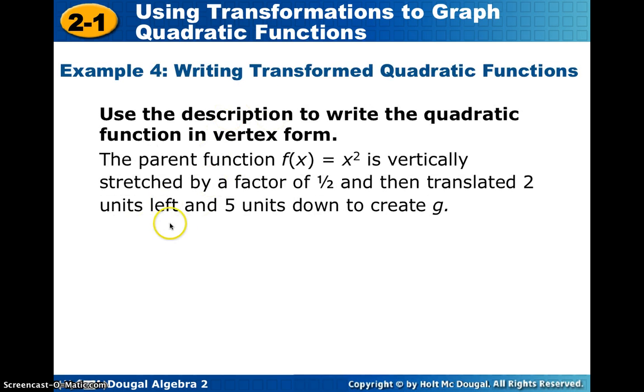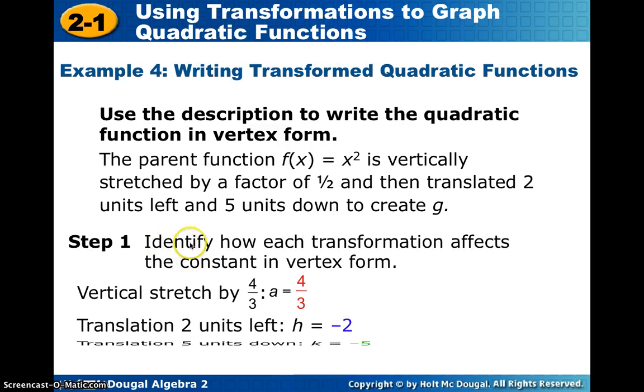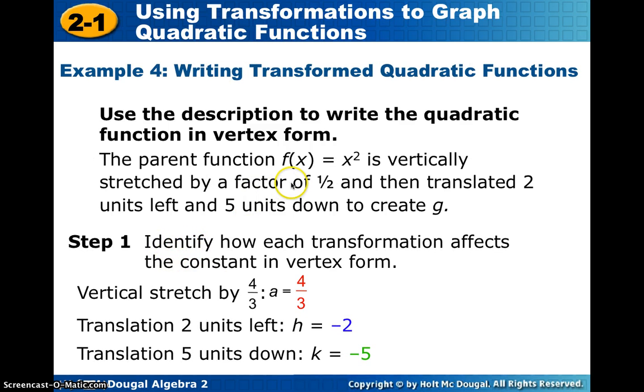Alright, so now let's see if we can use our parent function and write the equation for this graph if the parent function is vertically stretched by a factor of 1/2 and then translated 2 units left and 5 units down. So let's take each of those things and say what would happen in the function.